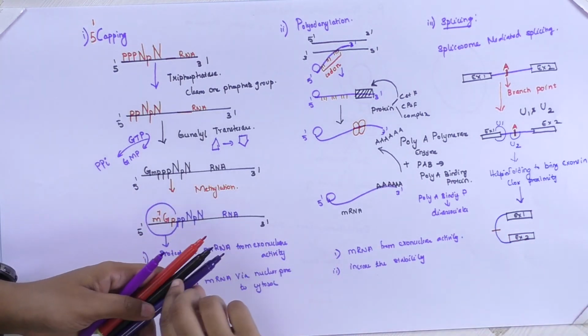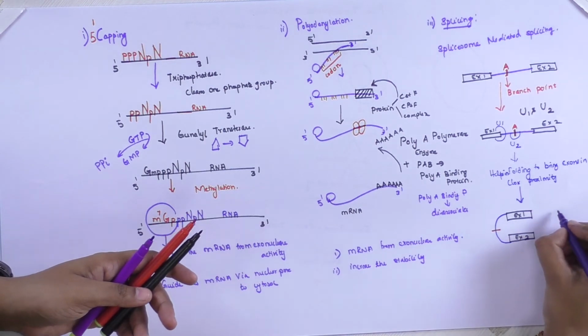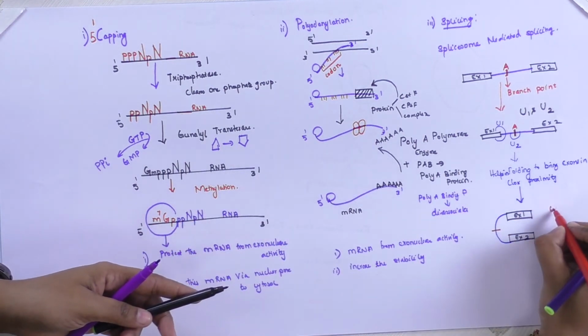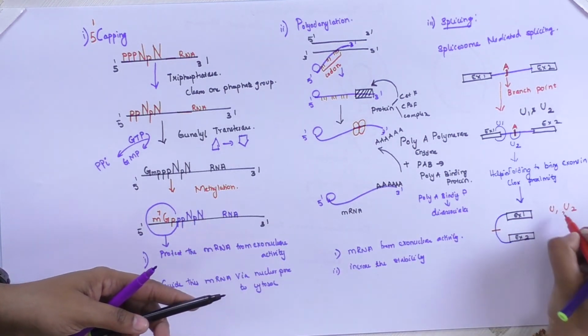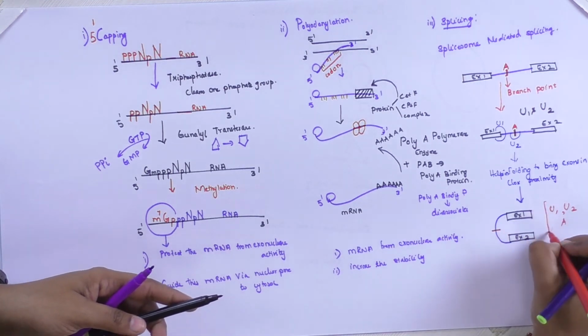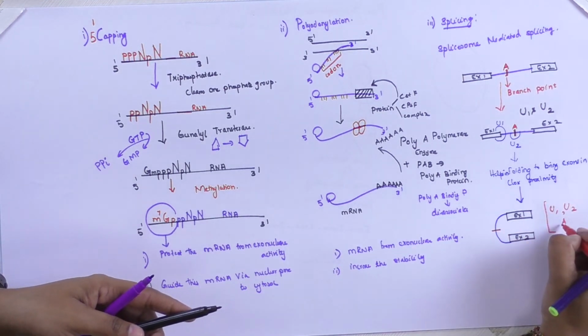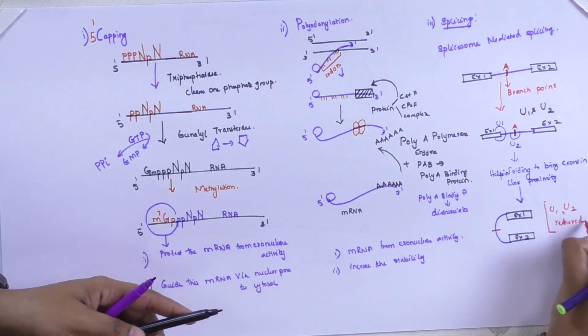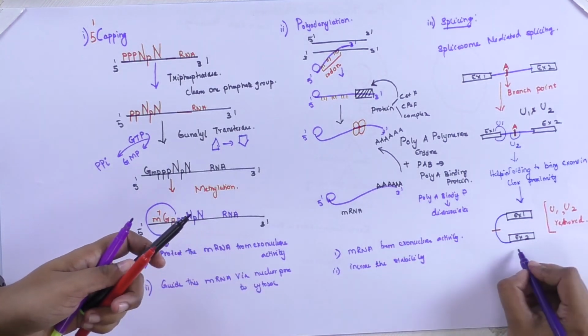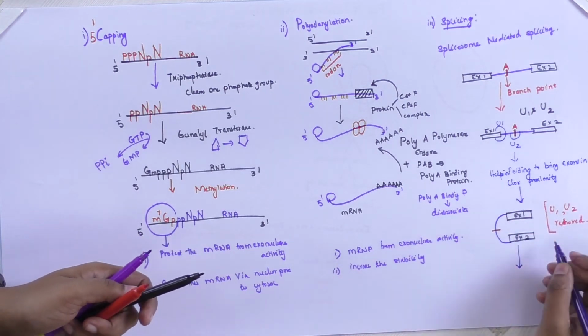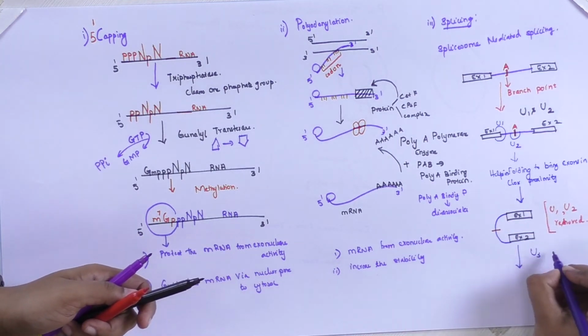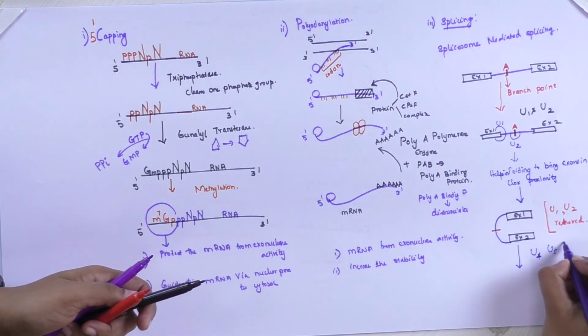Now once the folding has taken place, the U1 and U2 will be removed. So next, the other group of spliceosome proteins are U4, U5 and U6.